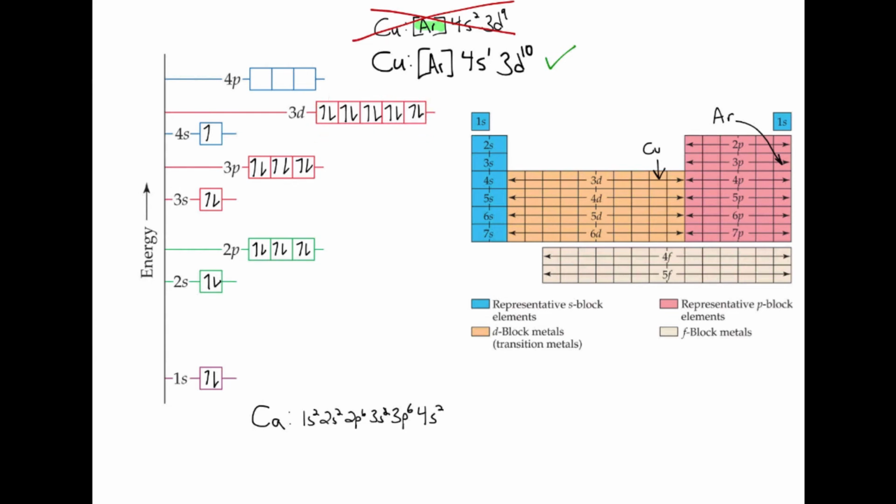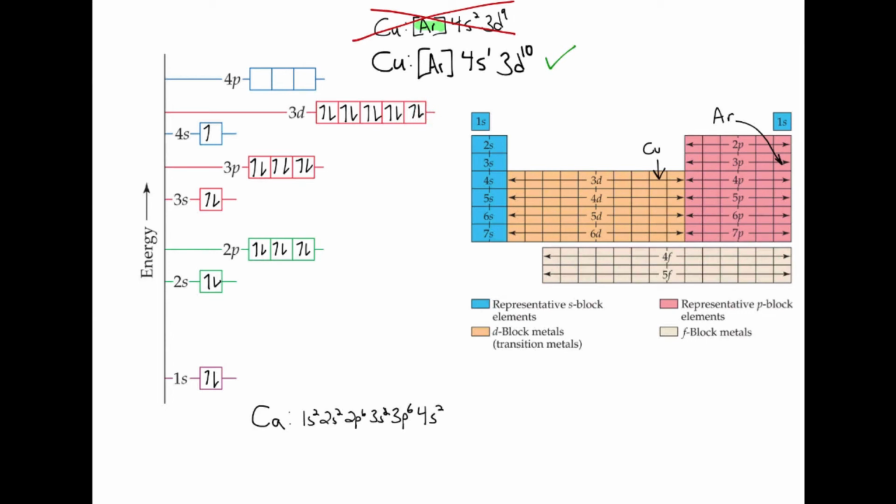Filling the set of 3d orbitals does actually impart some special stability to it. It is a more stable state to have a set of orbitals filled than not to. And of course, in our first guess, we didn't have the full set filled. We had one vacancy over here at the end.